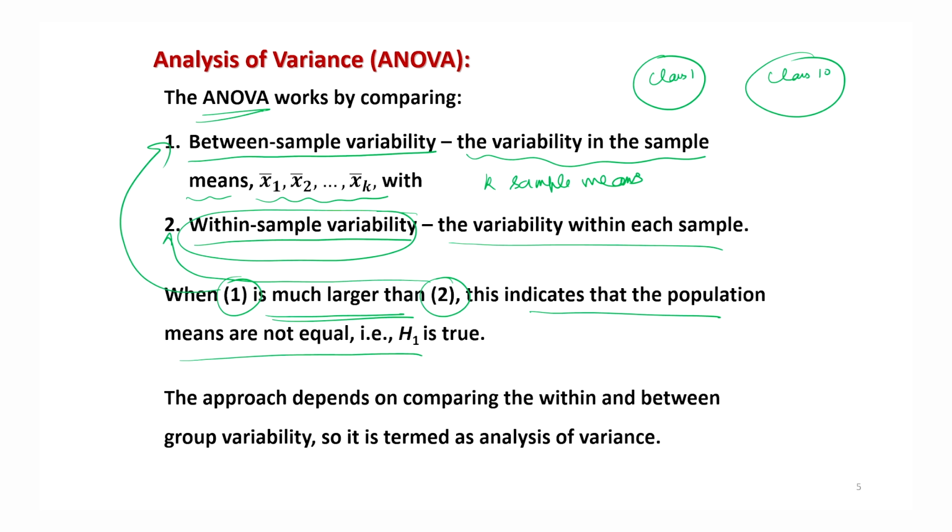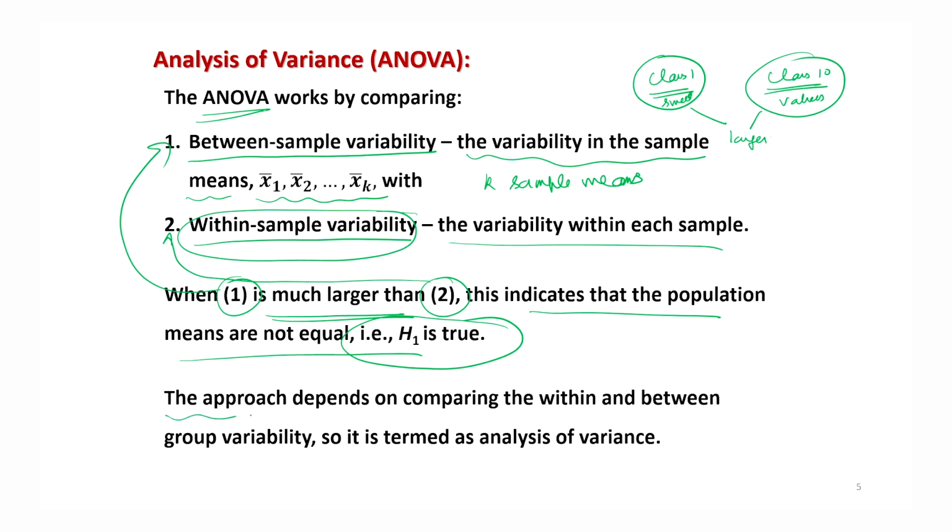The ages within class 1 will be small, and the ages within class 10 will also be small, but the ages between class 1 and class 10 are going to be larger. This indicates that the average ages of students in class 1 and class 10 are not the same. That indicates the population means are not equal, or I can say that H1 is true or H0 is rejected.